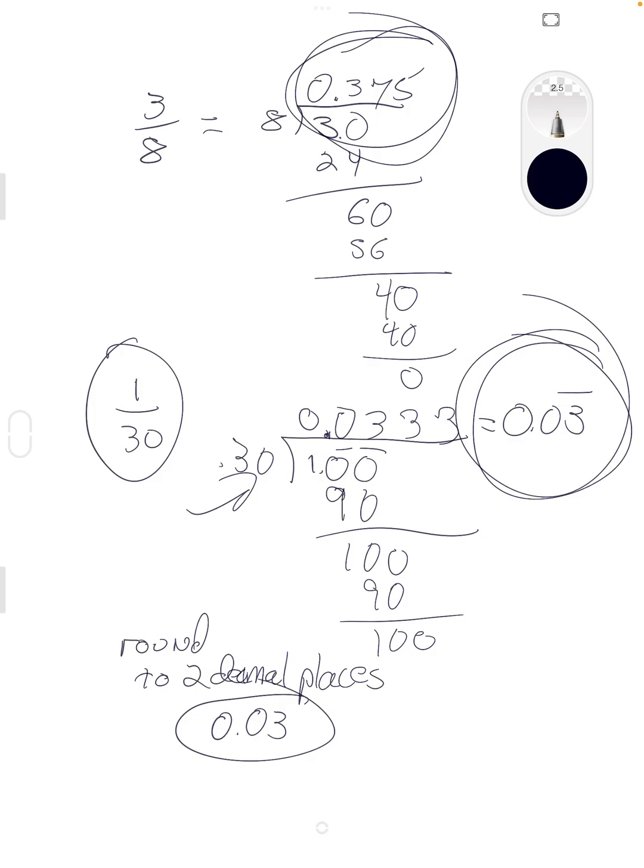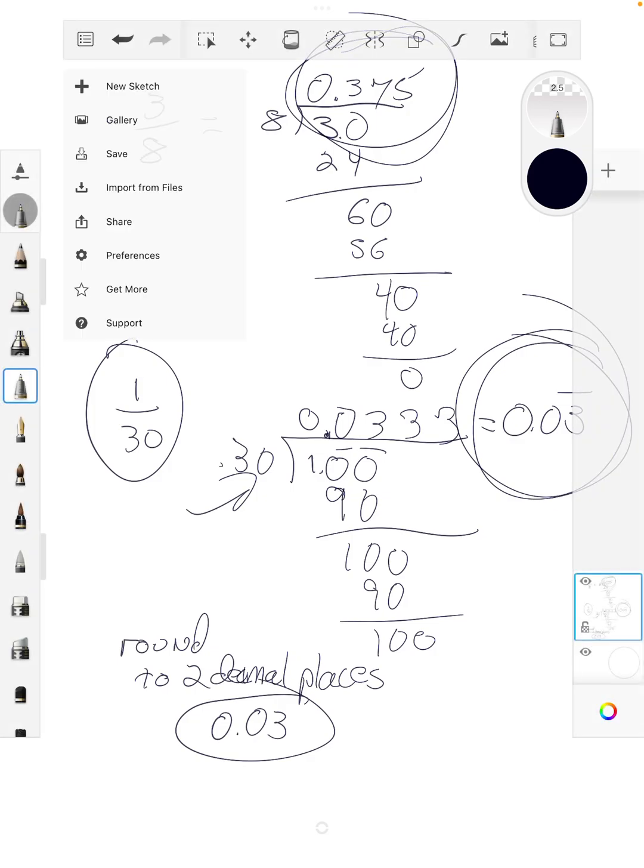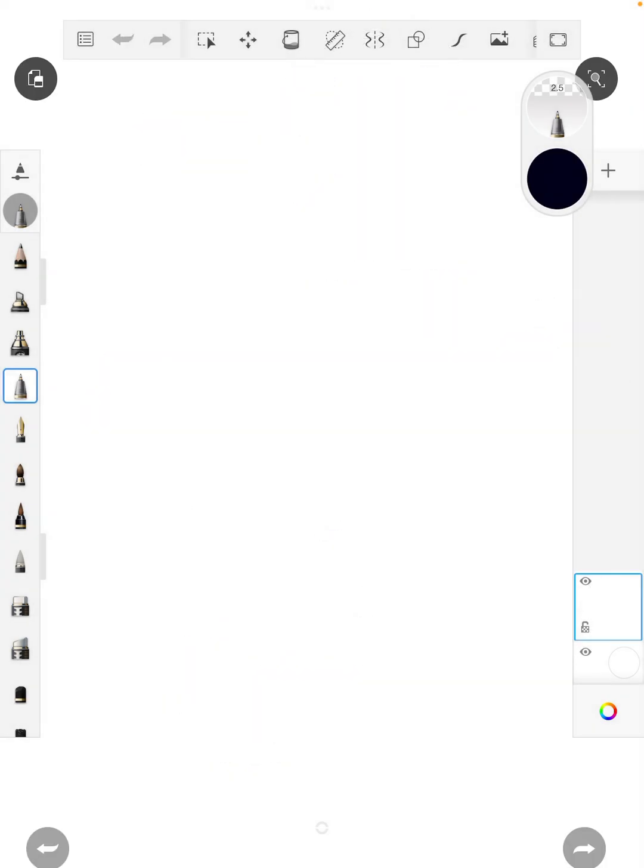Now, one more thing with that: if you know how to go from a fraction to a decimal, the question is, how do you go from a decimal to a fraction? So, for example, you have a number like 0.041, and they say, make that a fraction.